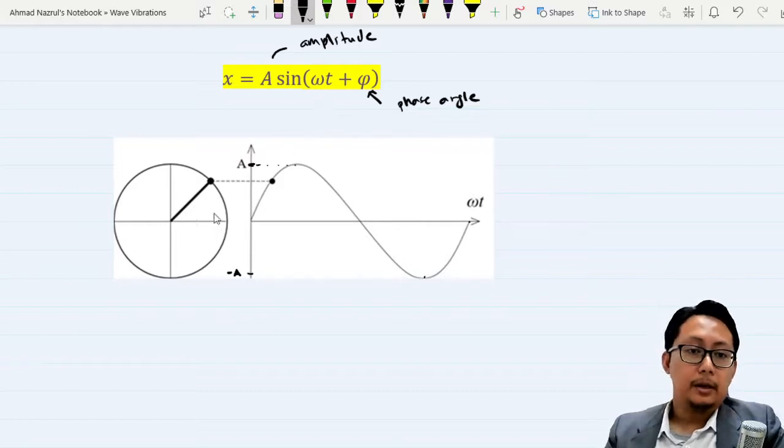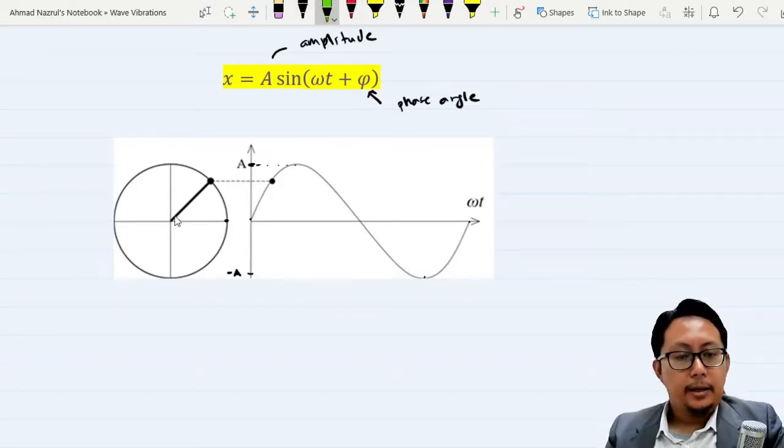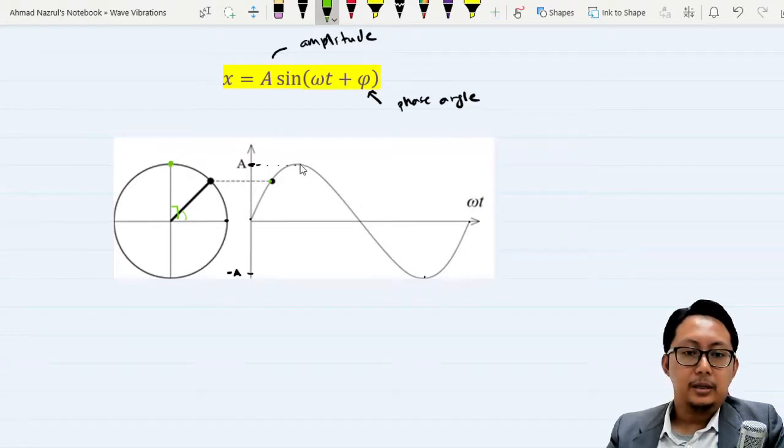For sine, it starts from here, so the angle will be 0. When you move to here, 45 degrees, it points something like here. And when we move to 90 degrees, the radian will be pi over 2.